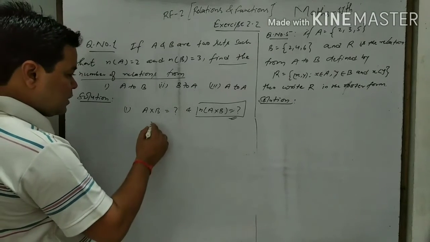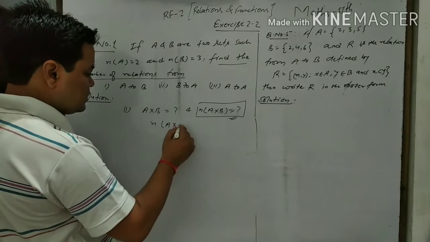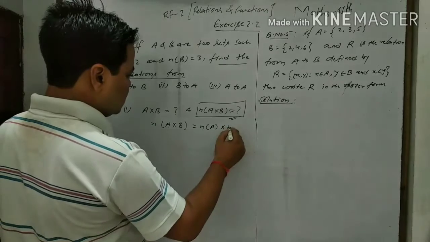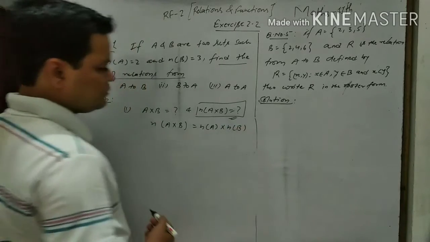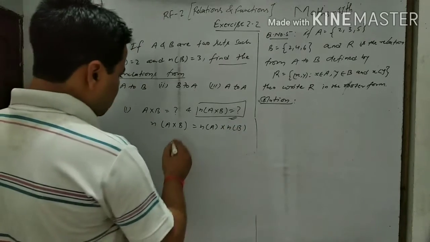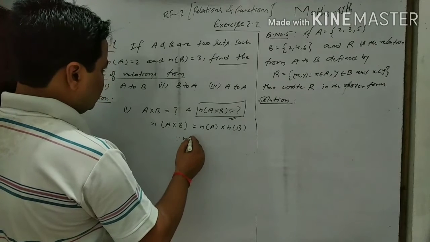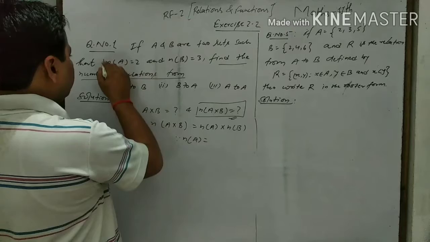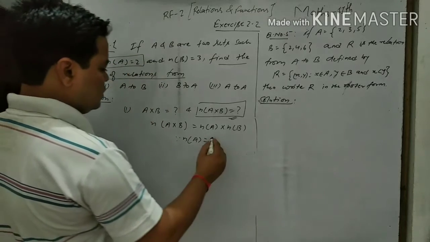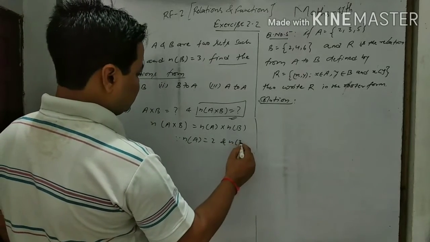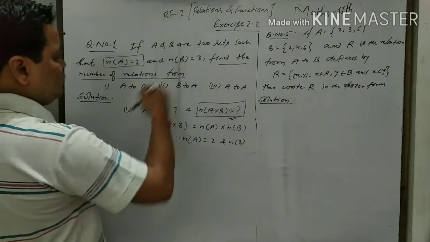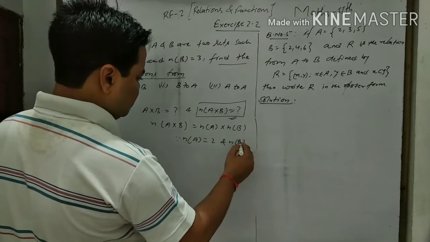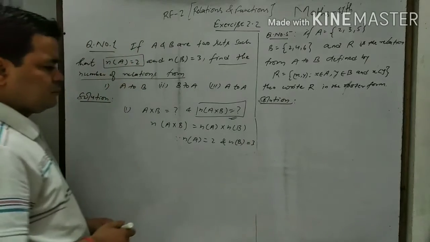We know that the cardinal number of A cross B is equal to the cardinal number of A times the cardinal number of B. Since the cardinal number of A is given, that is 2, and the cardinal number of B is 3.